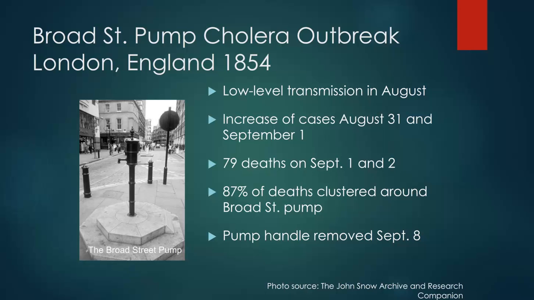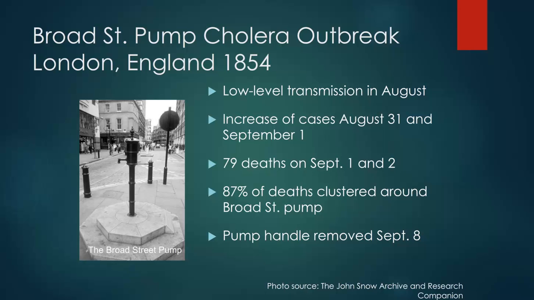Dr. Snow approached the General Registrar's office and obtained the mortality reports for the week ending September 2nd. From these reports, he noticed that there were 79 deaths occurring on the 1st or the 2nd of September. When mapped, 69 of the 79 persons who died, or 87%, lived close to the Broad Street pump. And they lived closer to the Broad Street pump than to any other public pump.